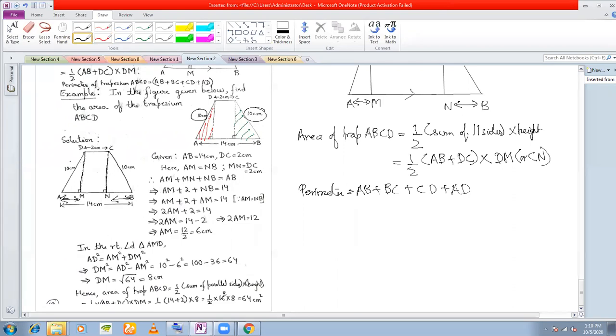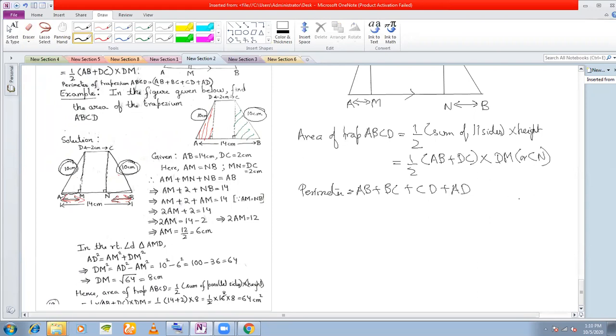Why should they be equal? Because this is 10 centimeters. In fact, if you delve very deep into this, you can show that this triangle is congruent to this triangle, and therefore by CPCT I can say that these two lengths are equal. That is the actual way, but there is no need to delve into that. Just remember that if it's an isosceles trapezium, then the length of AM must be equal to the length of BN.